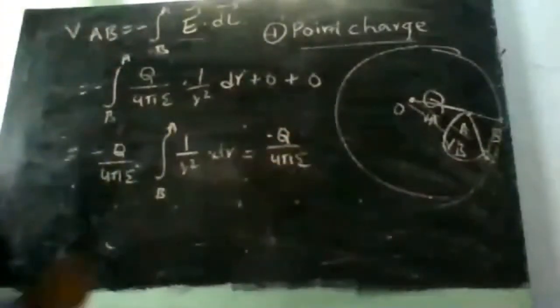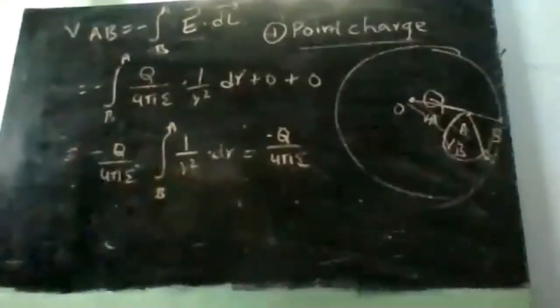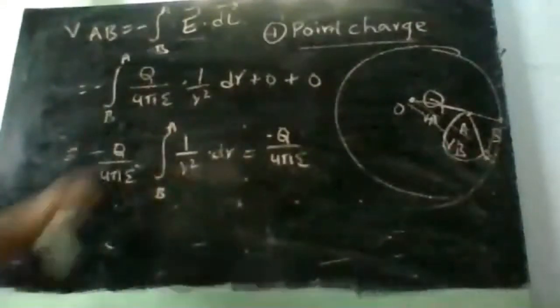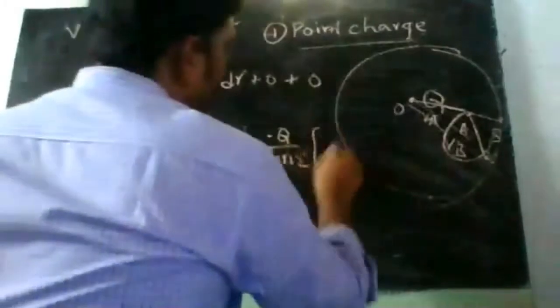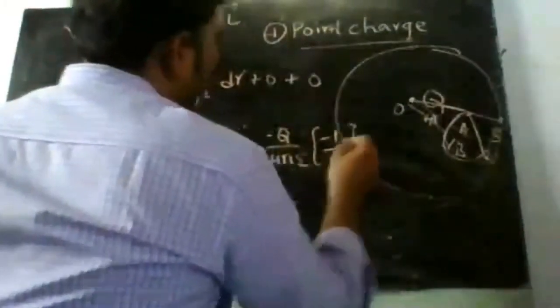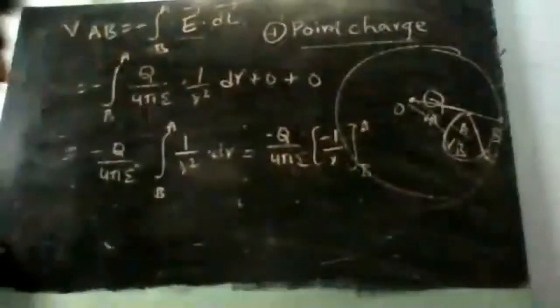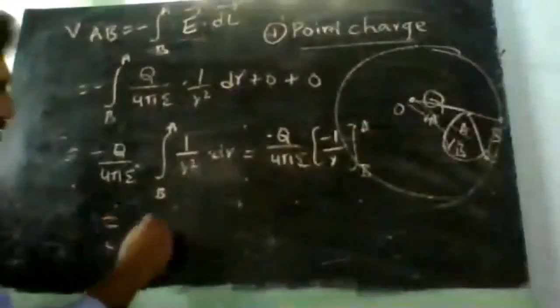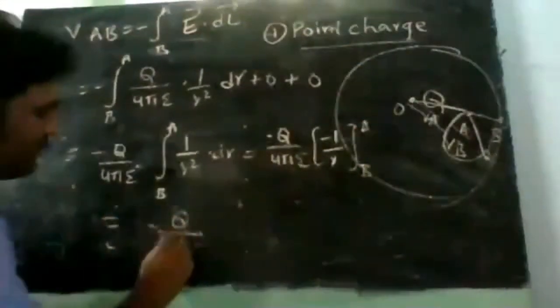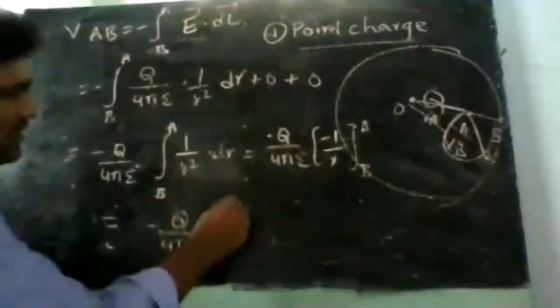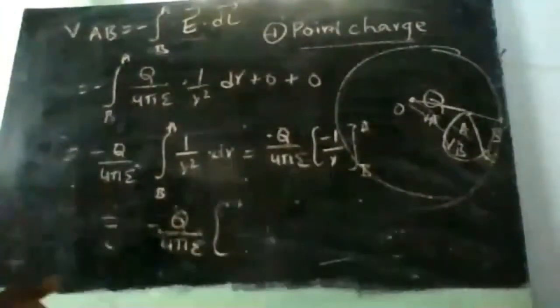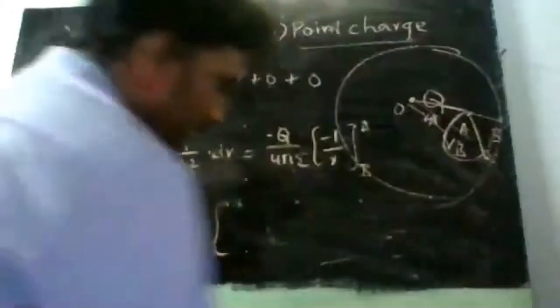So what is the integral of 1 by R square? The integral of 1 by R square is minus 1 by R, from the point B to A. So this is equal to minus Q by 4 pi epsilon, and I have to substitute the limits.